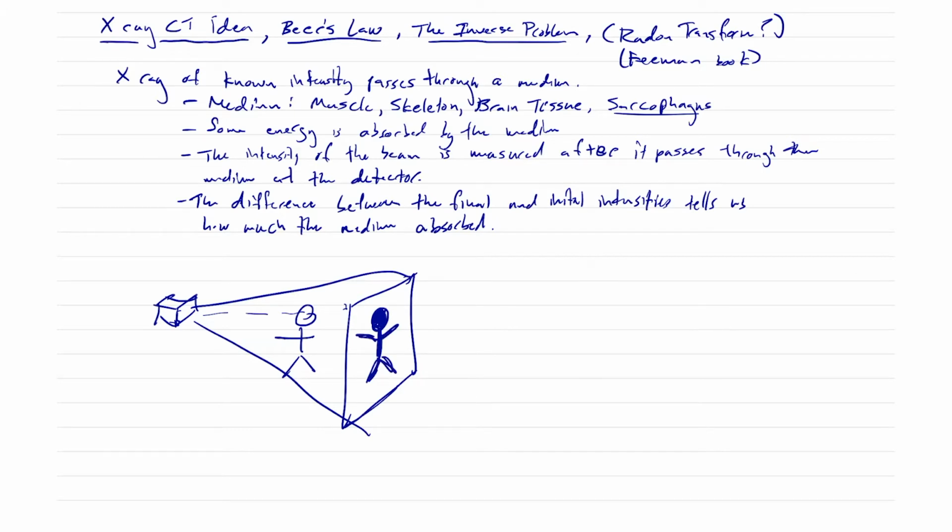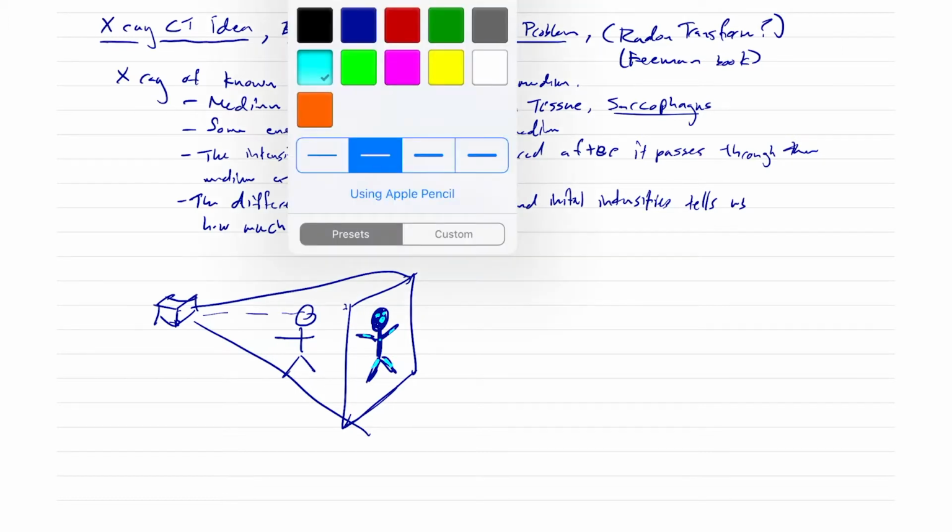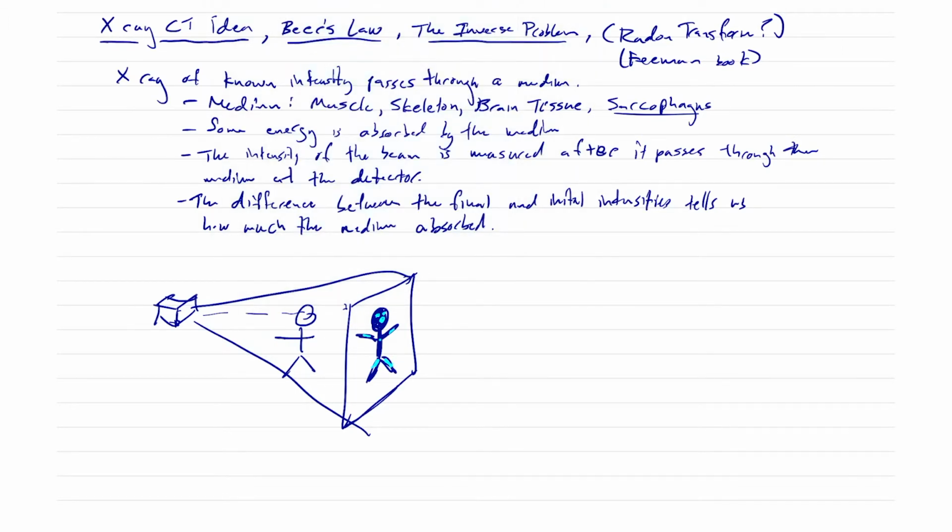Although some parts are going to be lighter than others. I don't even know what I'm drawing at this point, but basically at the other end you're going to have differing intensities all across this detector, and that gives you an idea that maybe these lighter spots didn't absorb it quite as much, but these darker spots absorbed quite a lot and ultimately blocked the entire X-ray.